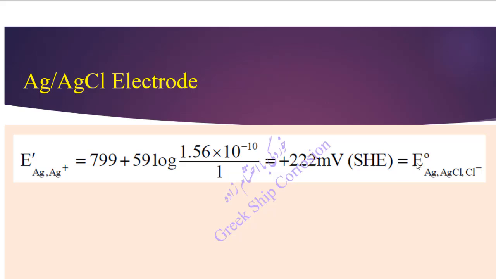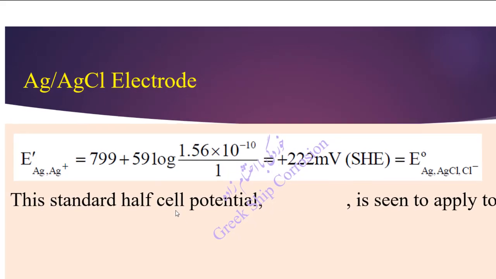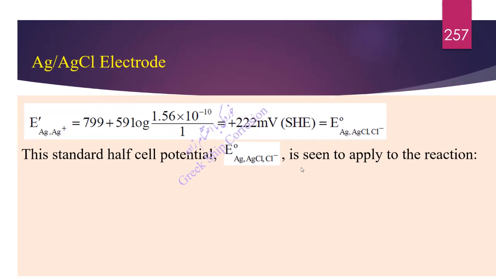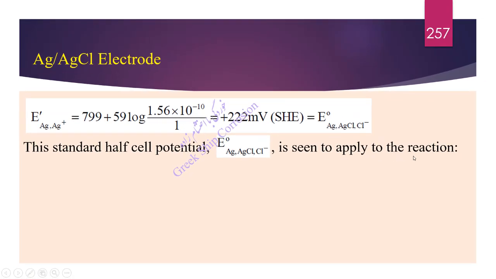That is defined as the standard potential of the half cell containing silver, silver chloride, chloride anion. This standard half cell potential is seen to apply to the reaction Ag plus Cl- equals AgCl plus electron.